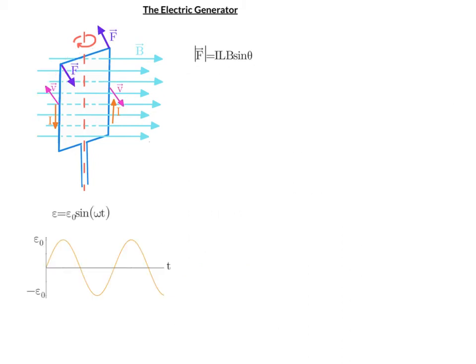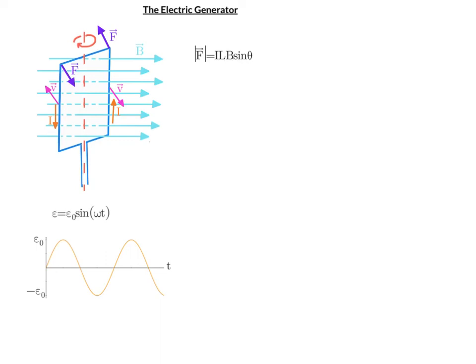So here we have the loop again, and I cleaned it up a little bit. So we know that there was a current in the loop because the loop is rotating with this velocity. So now, since there is a current in these portions of the loop, we can now apply the magnetic force is equal to the current times the length of the wire times B sine theta.